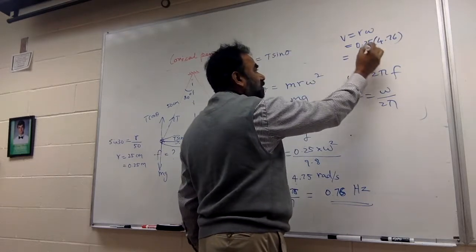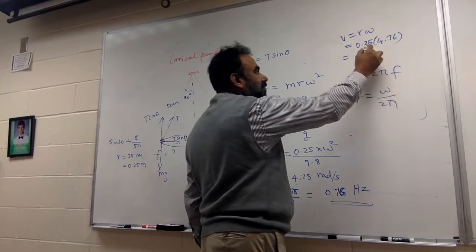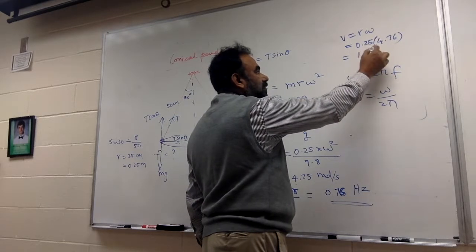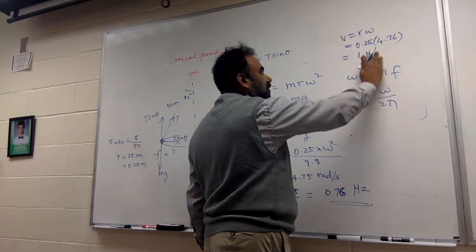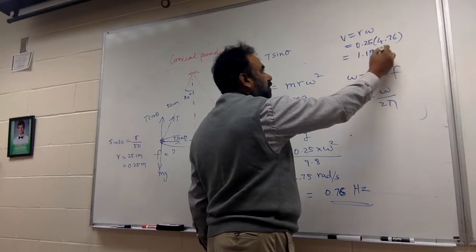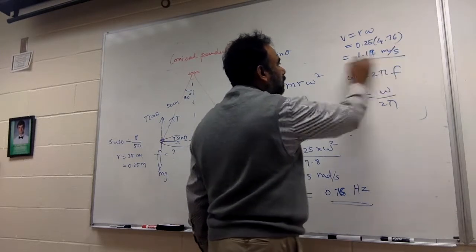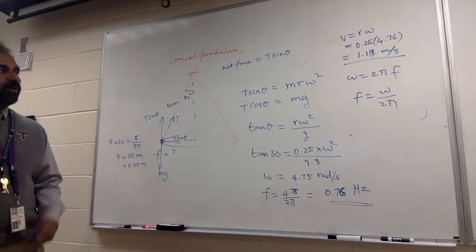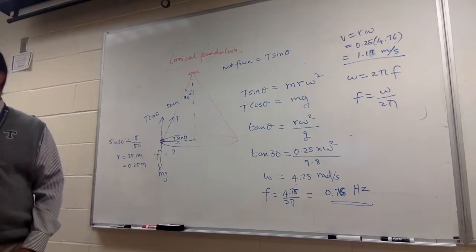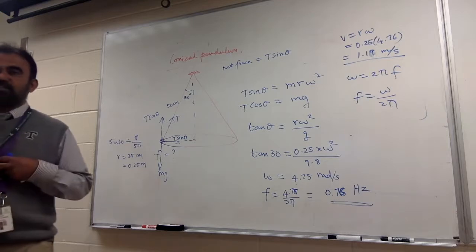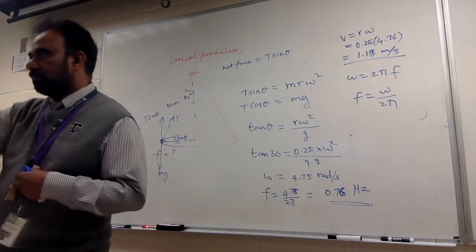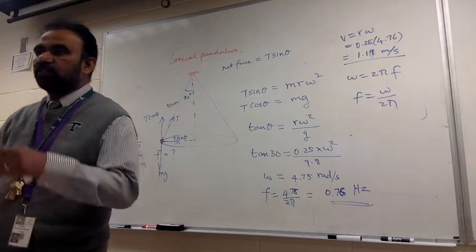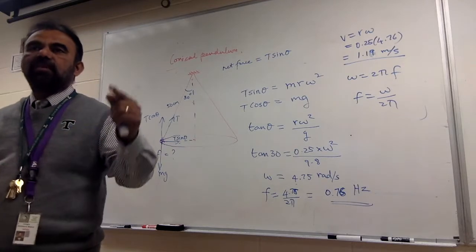Oh no, I squared it. Right? Yes. 1.19 meters per second. That's how fast it is actually moving. The keys were actually moving at a speed of 1.19 meters every second.